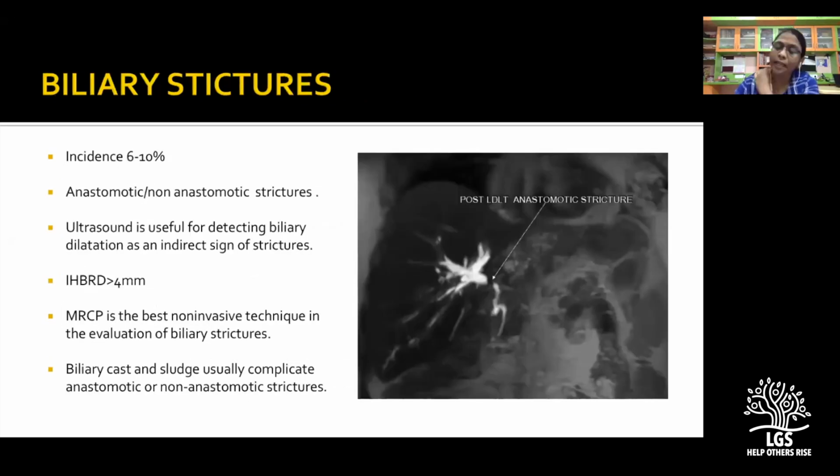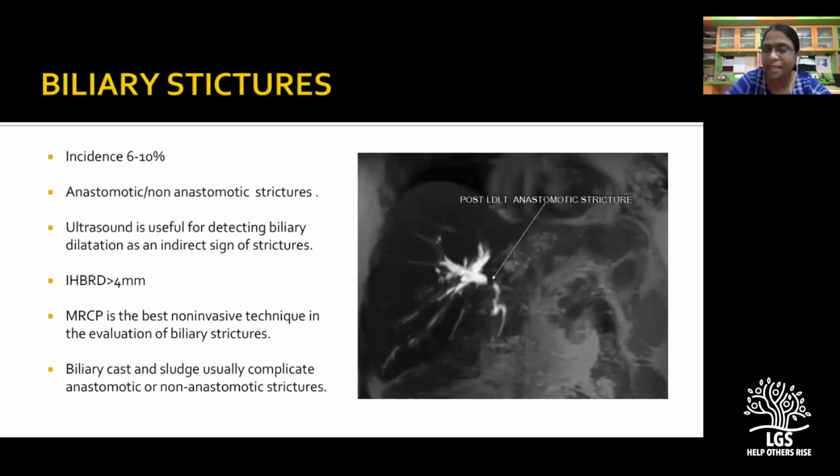Biliary stricture is a late, delayed complication, and MRCP is the modality of choice to diagnose the stricture. It could be an anastomotic stricture as in this picture, or it could be a non-anastomotic stricture. Non-anastomotic strictures are usually multiple, and they involve the intrahepatic bile ducts also. So whenever we see multiple strictures involving the entire bile ducts in a post-transplant setting, we need to think of many causes.